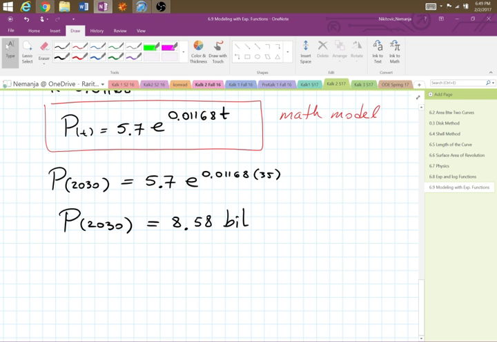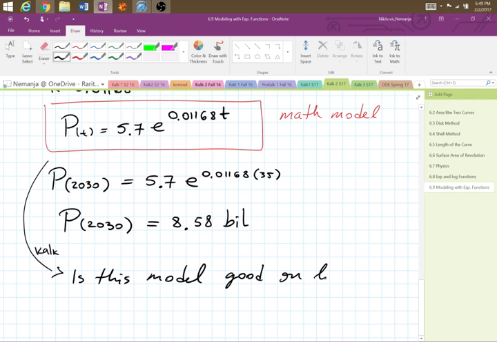I want to know, is this model good in the long run? Like, can I keep using this model till the end of days?